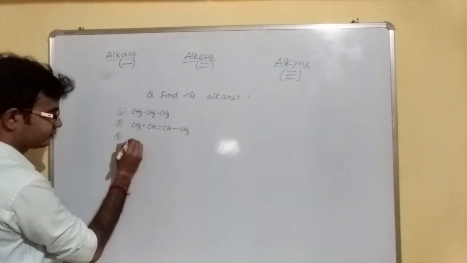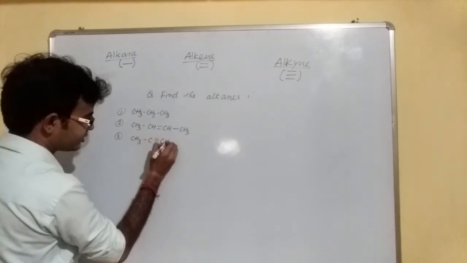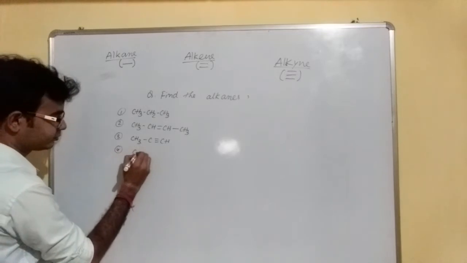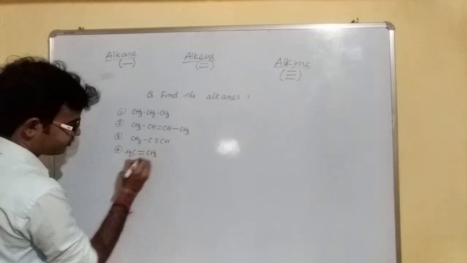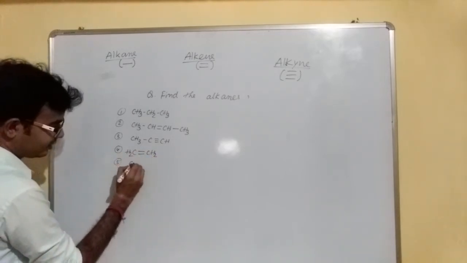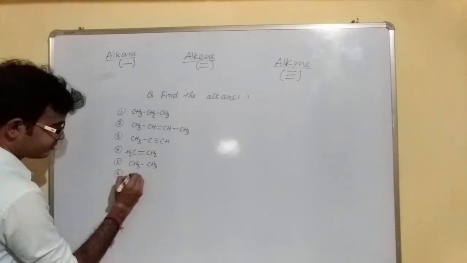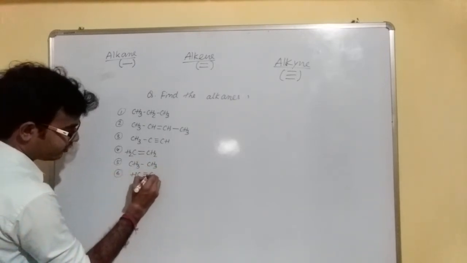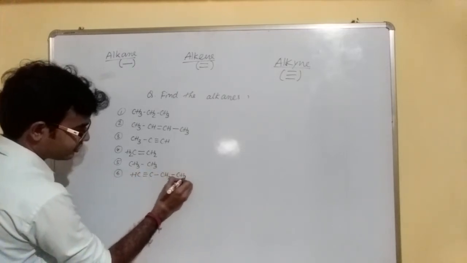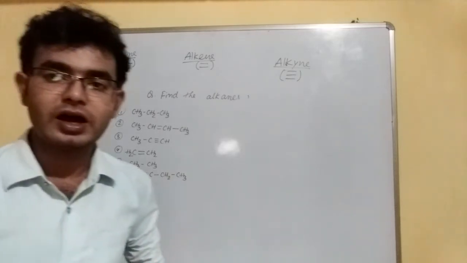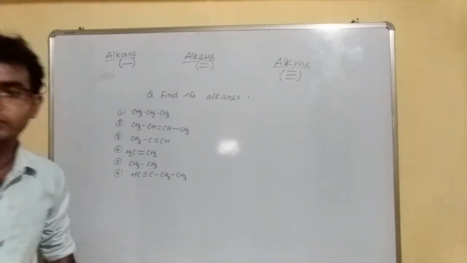Number three, CH3, C triple bond, CH. Number four, C double bond, CH2 double bond, CH2. Number five, CH3 single bond, CH3. Number six, HC triple bond, C, CH2, CH3. Here you have to identify the alkanes only.